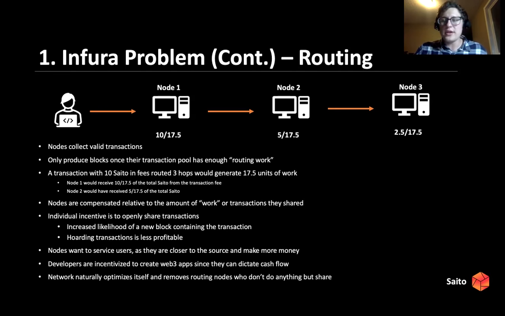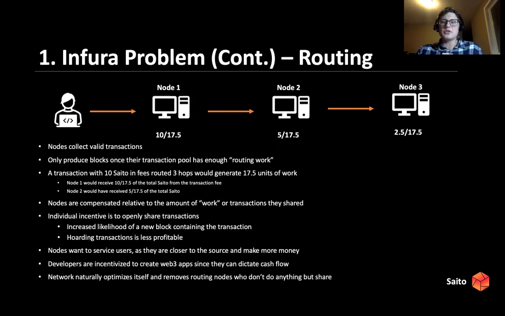Now, one other cool thing to note here is that using this consensus mechanism, the network is also sort of incentivized to optimize itself over time too. So node 1 might be directly dealing with the user. It might sort of hop through node 2 and get to node 3, but node 3 might say that node 2 didn't really do anything of value.